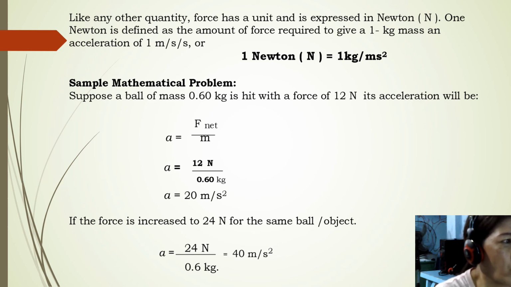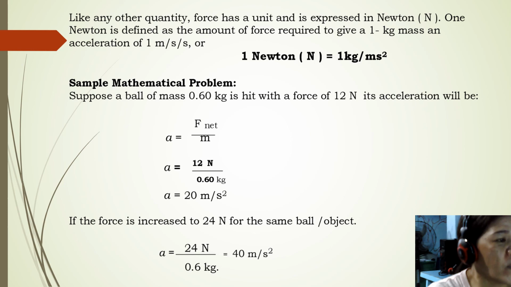Now, suppose a ball of mass 0.60 kilogram is hit with a force of 12 Newton. So, what do you think will be its acceleration? Okay, so the equation would be acceleration is equal to net force over mass.